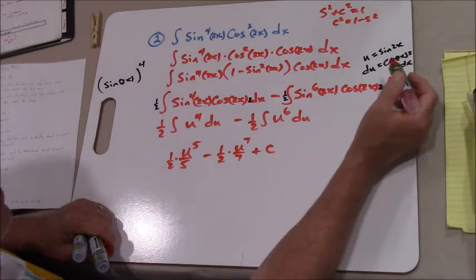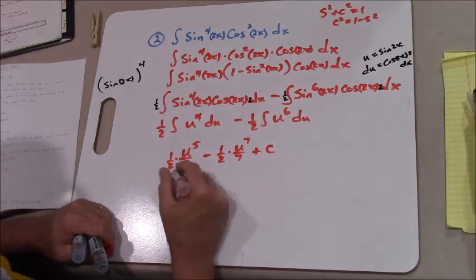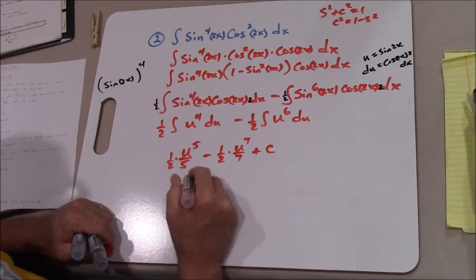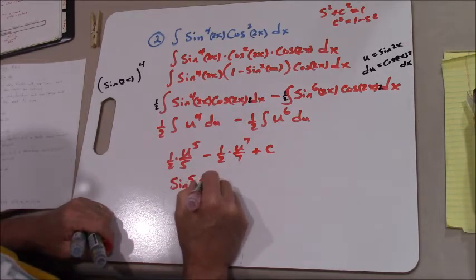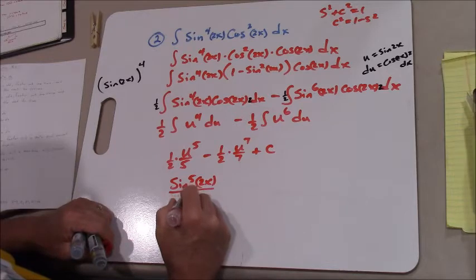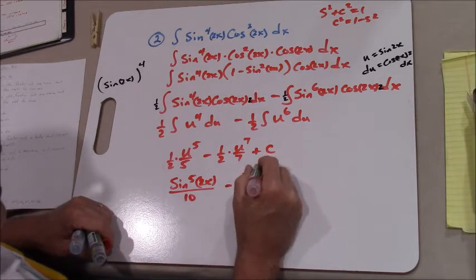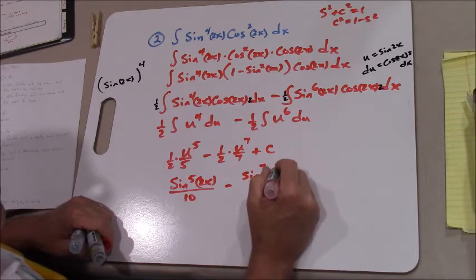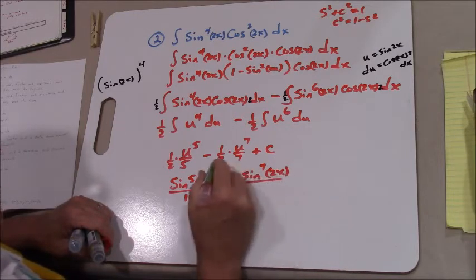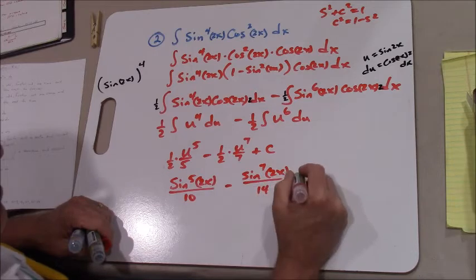And so now I could go ahead and put the sine of 2x back in here. So I've got sine to the fifth of 2x over 10 minus sine to the seventh of 2x over 14 plus c.